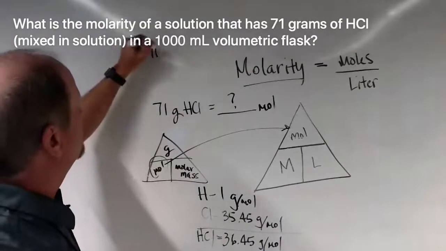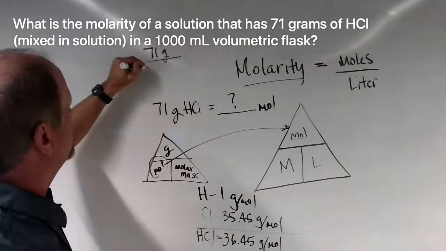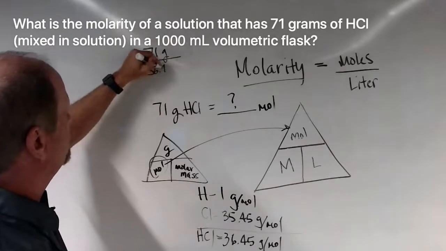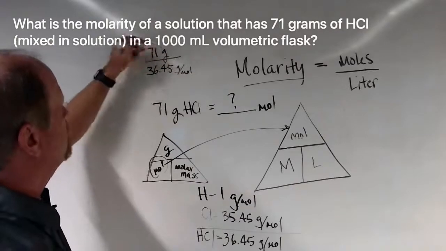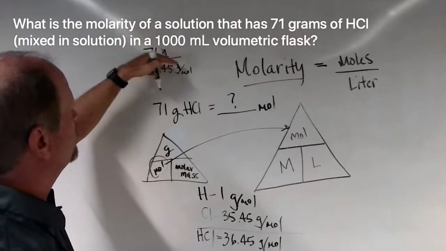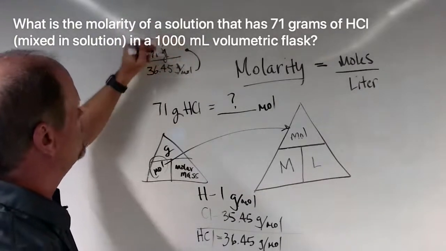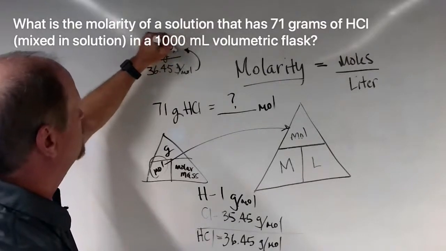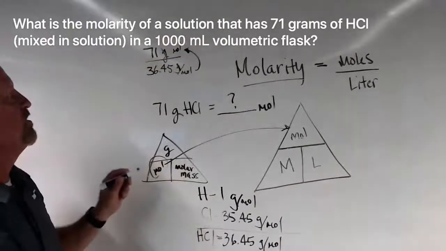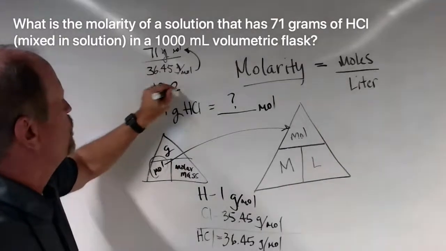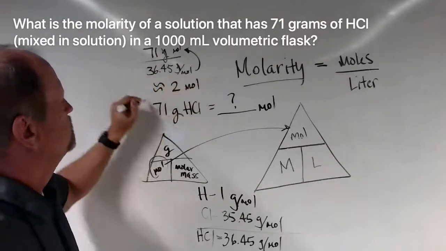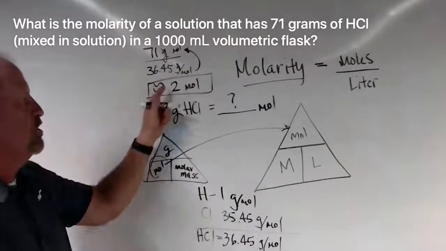71 grams divided by 36.45 grams per mole. Grams cancels with grams, and 1 over mole brings moles to the top. So we're in moles. 71 over 36.45 is approximately 2 moles.